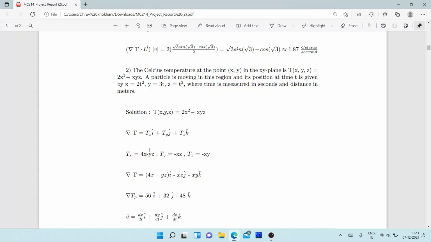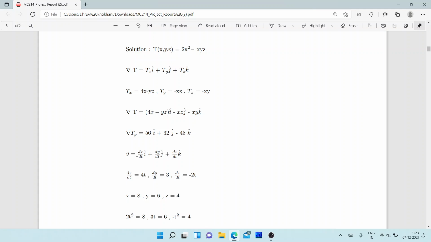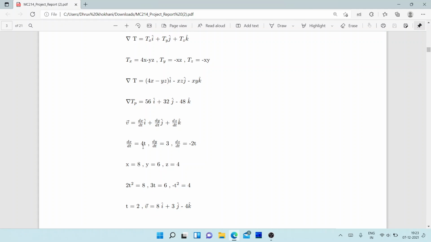So first we find the velocity vector. The velocity vector is equal to dx by dt i plus dy by dt j and dz by dt k. So we get dx by dt is equal to 4t, dy by dt equal to 3, and dz by dt is equal to minus 2t.